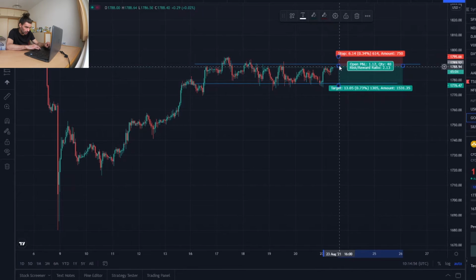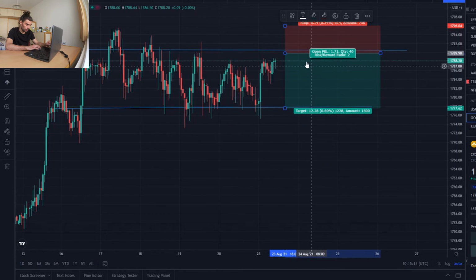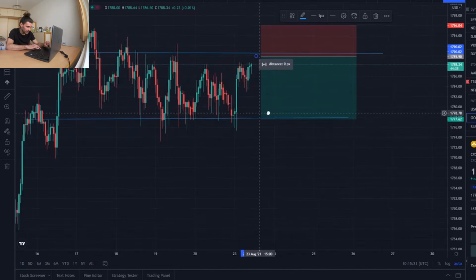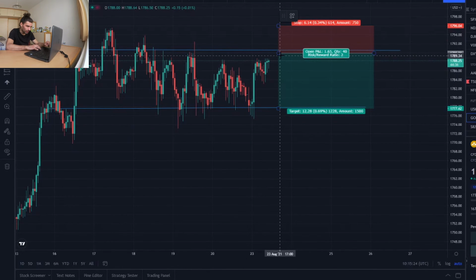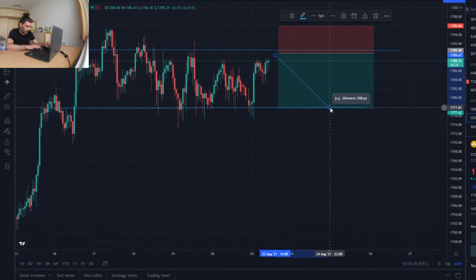If you wait a little bit, maybe until we reach 1790, or if your stop loss is below 1795, you could make it a risk reward of 2, which is why this is the trade for the next hours to watch out for, because chances are that we might continue this up and down.